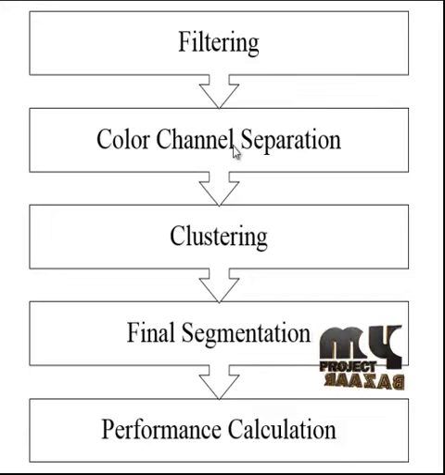After the channel separation, the images appear like gray images, and in each image the channel information and the intensity ranges are obtained. After that, the clustering process is employed based on rough medoid segmentation.